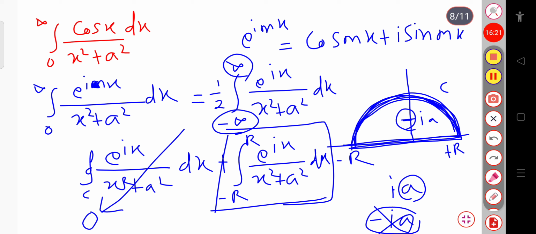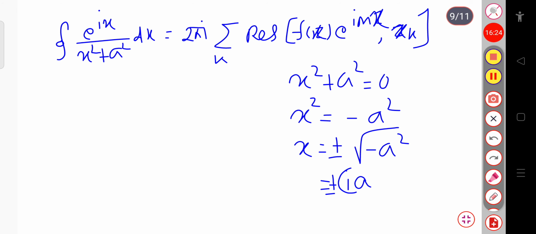Since this plus ia term is a simple pole, let me write this. This will be equal to limit, I am calculating only the residue, that will be equal to limit x tends to ia of x minus ia into this total f of x, where f of x means exponential ix divided by x square plus a square.